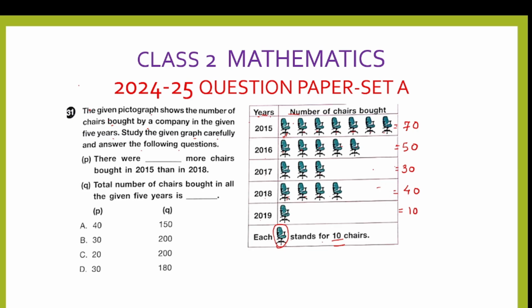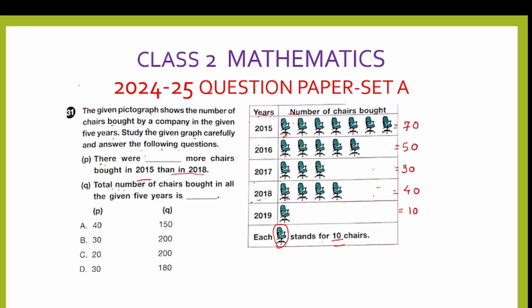Now let's see the questions. Question first is P. There were dash more chairs bought in 2015 than in 2018. So we have to find out how many more chairs were bought in 2015 as compared to 2018.